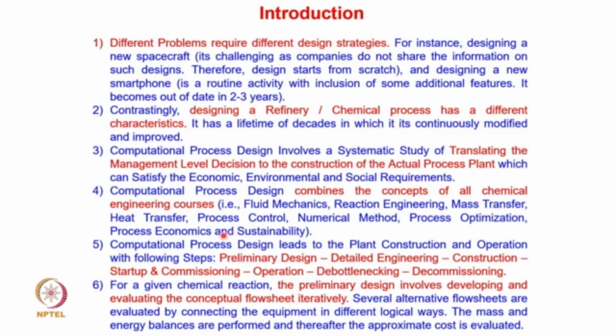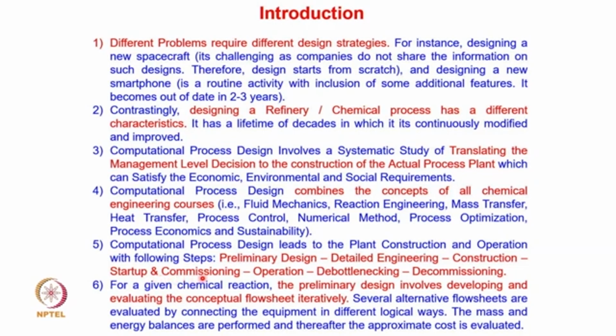So computational process design primarily leads to plant construction and operation with the following steps. The first step is preliminary design, then there is detailed engineering, then the construction of the plant. After the construction of the plant, there is startup and commissioning.